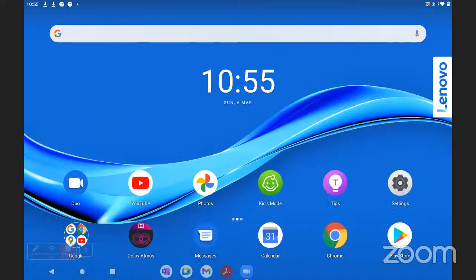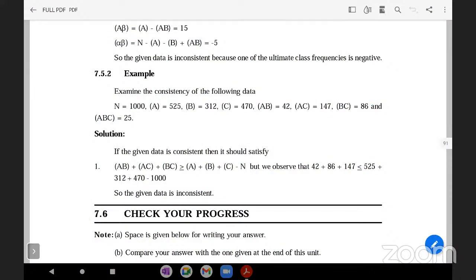Now capital N equals 1000, and A plus B plus C is how much? It is 525 plus 312, clearly 837. 837 plus 470 is 1215. Is 1215 greater than or equal to the other side? Yes, the condition is satisfied.